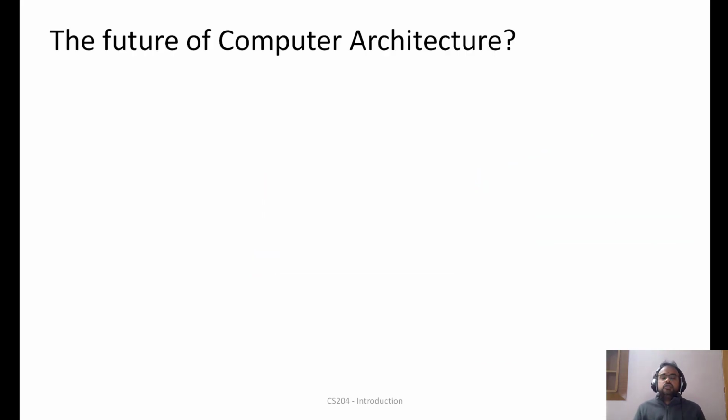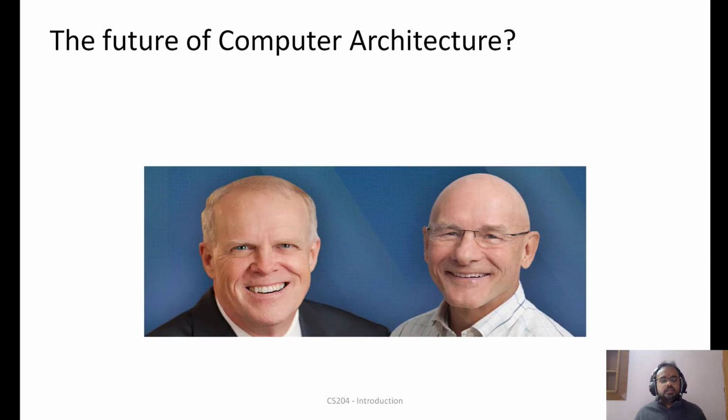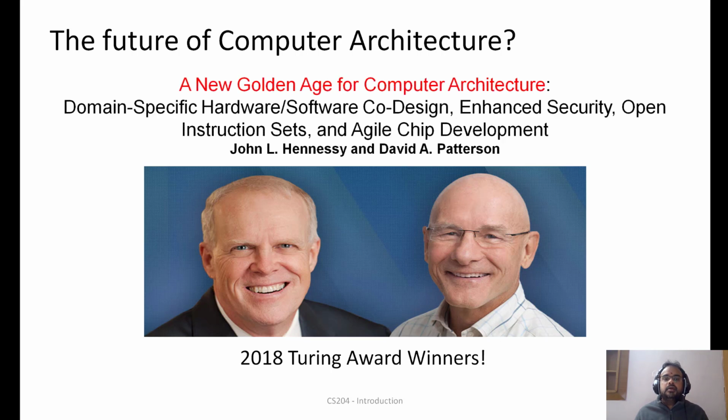If you are curious to know what is the future of computer architecture, here is a very interesting talk by two people. They are Turing Award winners in 2018, John Hennessy and David Patterson.